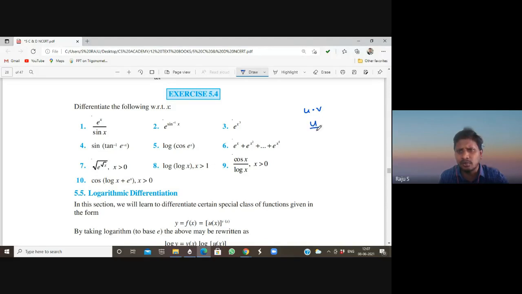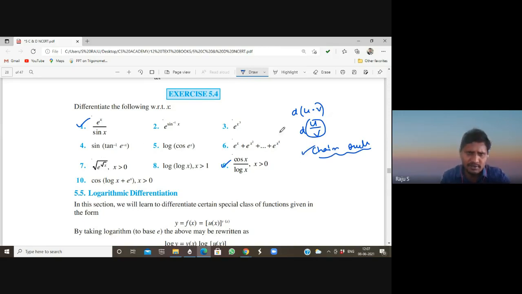The second one is the quotient rule, u by v. And the third one is the chain rule. Derivative of u by v, derivative of uv, and with the help of the chain rule. In the first problem you can apply u by v. For almost all the remaining questions, we are going to use the chain rule alone.